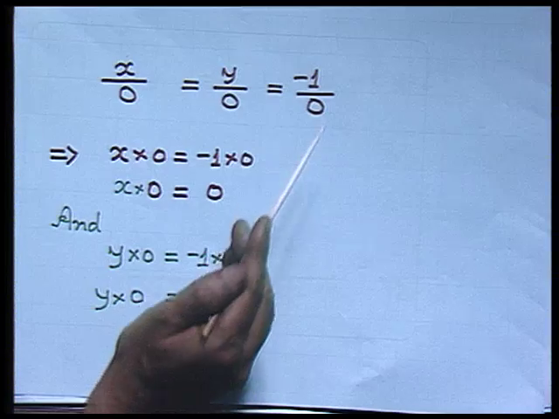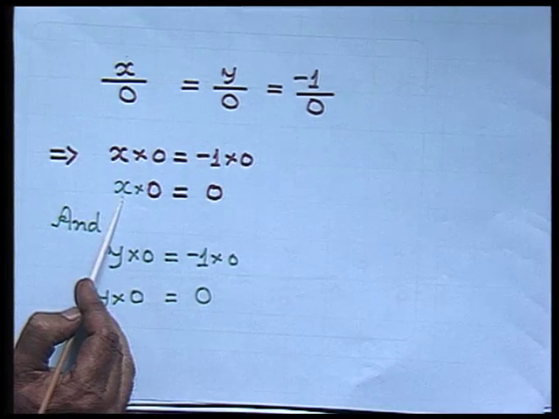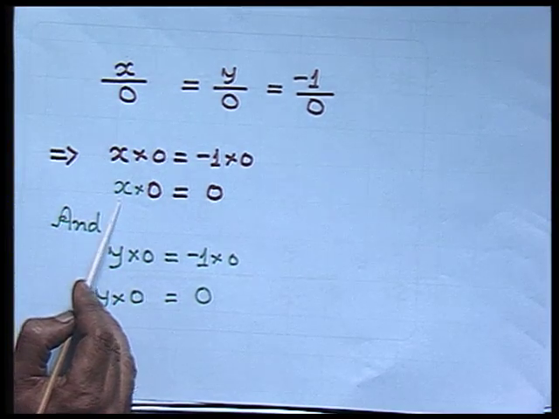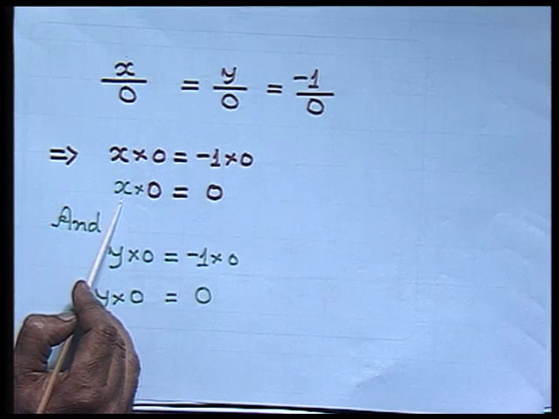So here what do you find? That x upon 0 is equal to y upon 0 is equal to 1 upon 0. So if x upon 0 is equal to minus 1 upon 0, I will get from there x into 0 is equal to 0, and this is true for all values of x.